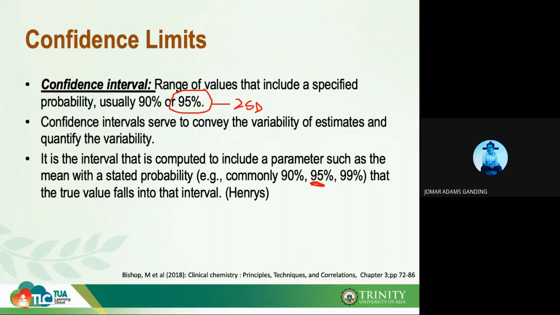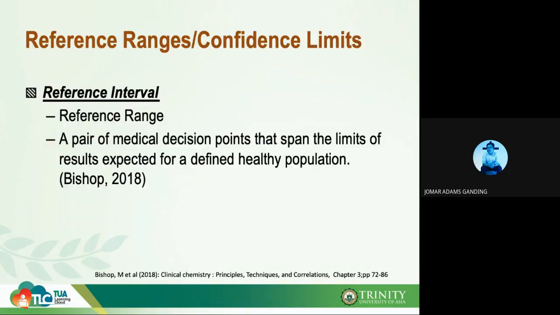The confidence interval gives us a 95% assurance, a 95% probability, a 95% confidence that when you measure a particular analyte, take for example, I measured glucose and the patient's result was within the reference range, how sure are we?